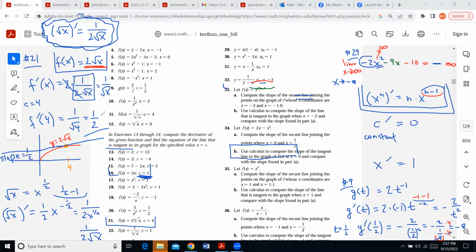Please notice that slopes change, depending on this point. The slopes are not going to be the same. But when we have x equal to 4, it's a half. That's what we found. That's really all it is. So we are able to find slopes of tangent lines.